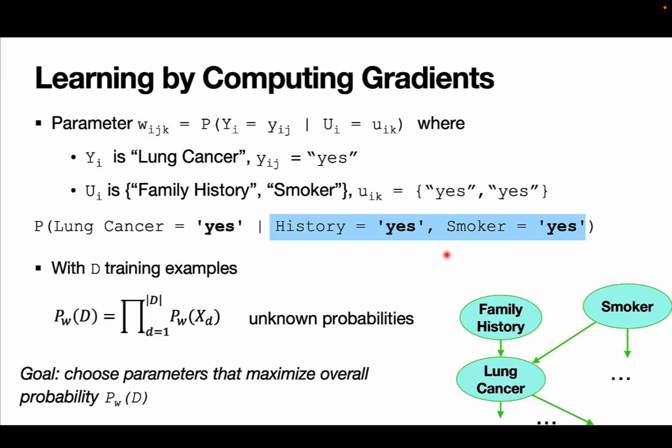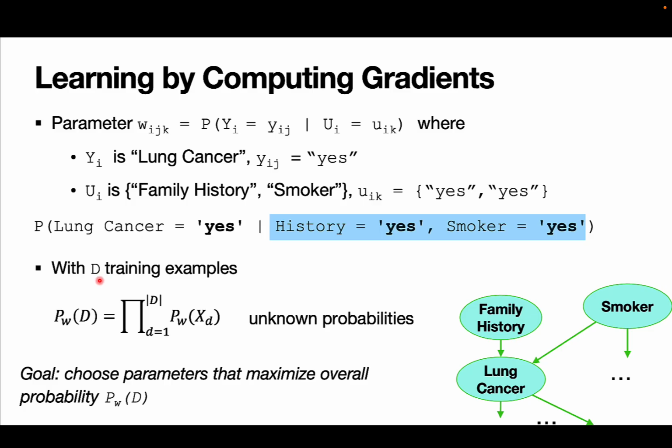To get a sense of how learning by computing a gradient works, let's say that we are going to assign random values for lung cancer, family history, and smoker, and construct the probability condition: probability of lung cancer equals yes, given history equals yes, and smoker equals yes.